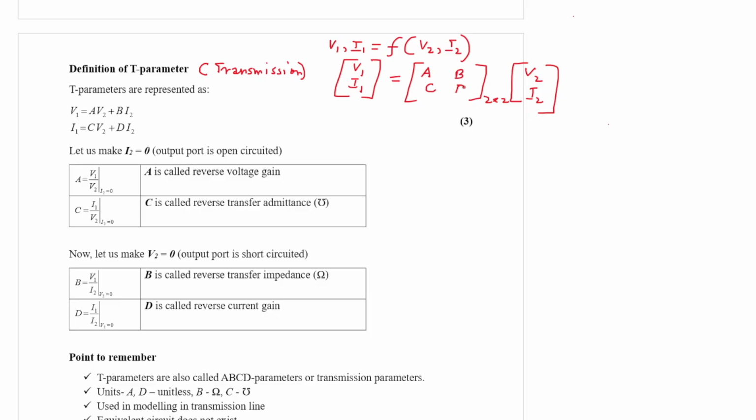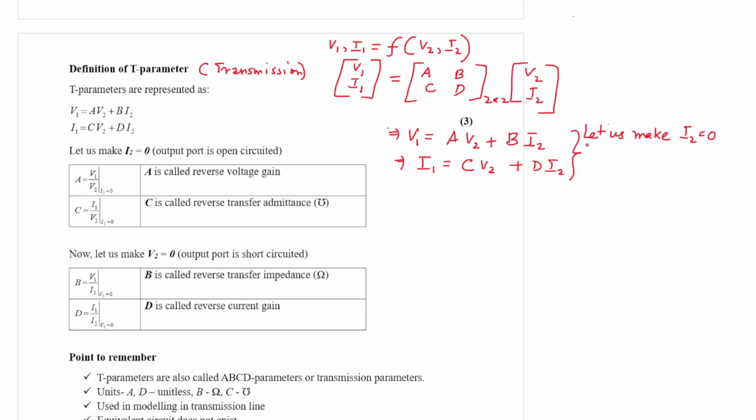So if you now expand, V1 is equal to A V2 plus B I2. And similarly, if you expand the second equation, it becomes I1 is equal to C V2 plus D I2. From these two equations, let us make I2 equal to 0.